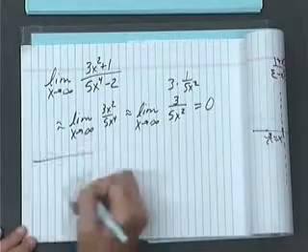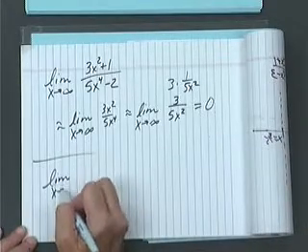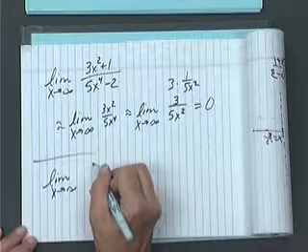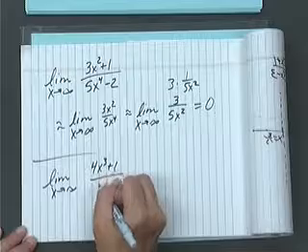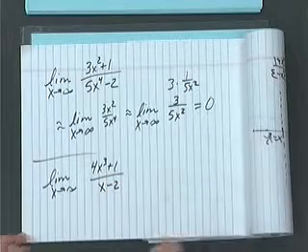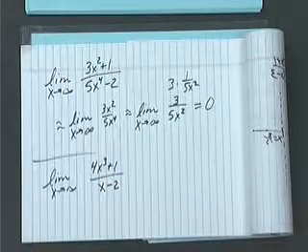Okay? Try one more. Limit as x goes to infinity of 4x cubed plus 1 over x minus 2. Tell me what that is.